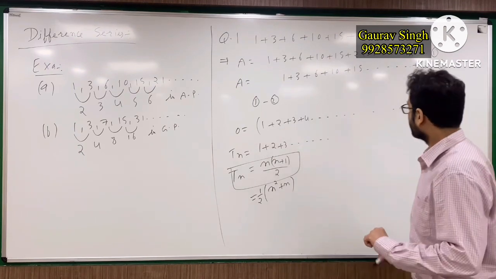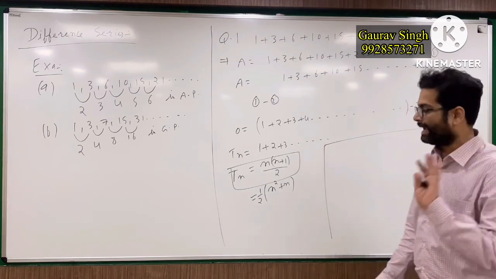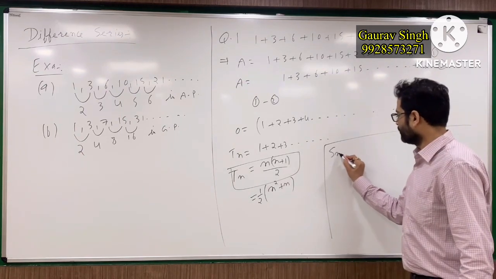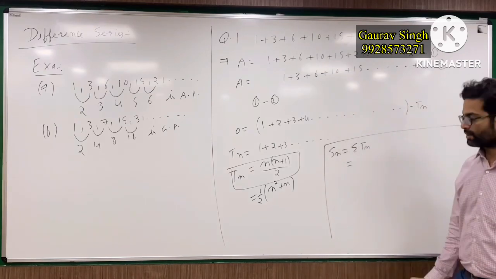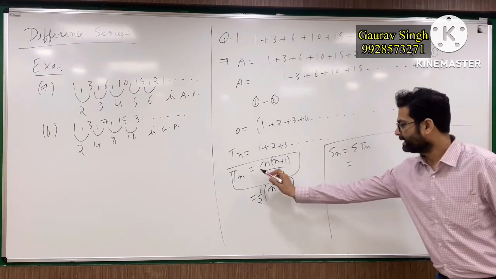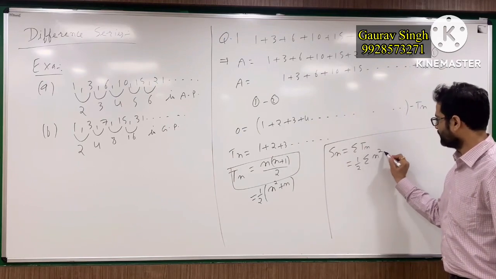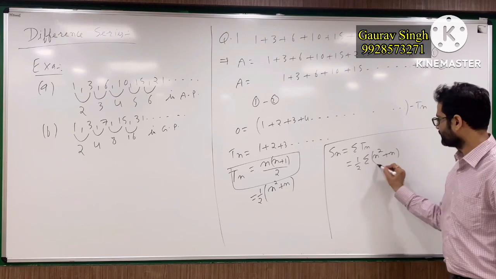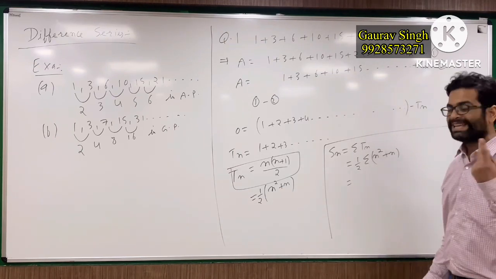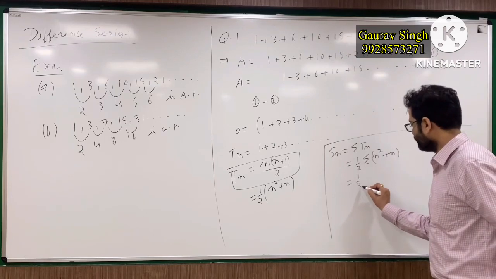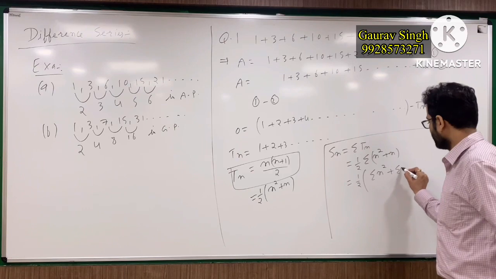Okay. Then how do we find Sn? Sn means sum of n terms. So we know Sn equal to summation of Tn. And what is Tn? 1 by 2 summation of n square plus summation of n. We distribute the summation sign, so we get 1 by 2 summation of n square plus summation of n.